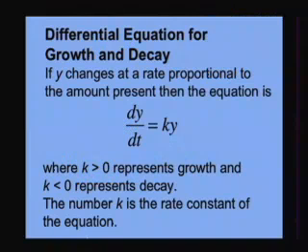If y changes at a rate proportional to the amount present, then the equation is dy/dt equals k times y, where k is a positive number, represents growth, and if k is a negative number, then it represents decay. The number k is called the rate constant of the equation.